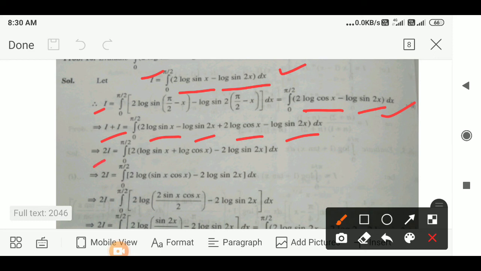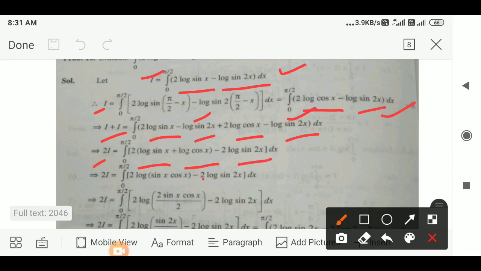So 2I is equal to log sin x as it is plus log cos x minus 2 log sin 2x, since log sin 2x and log sin 2x give 2 log sin 2x.